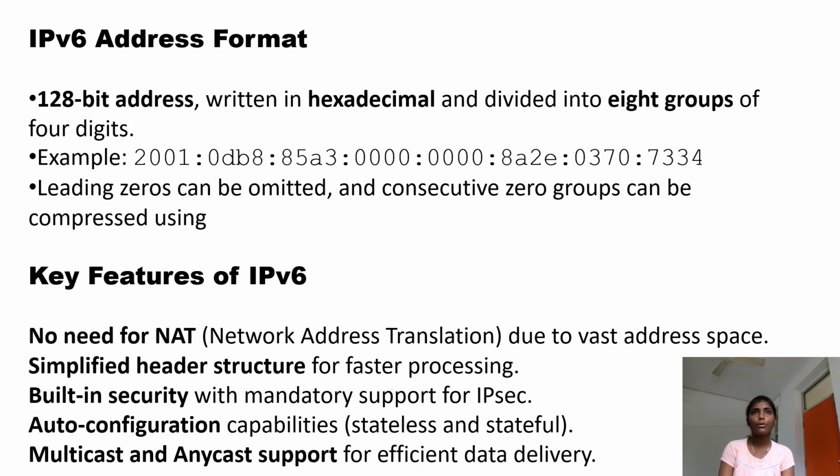Now we have seen about the IPv4 in detail. Now we shall discuss about IPv6 and about their address format briefly. IPv6 address is a 128-bit address which is written in hexadecimal and divided into 8 groups of 4 digits. Leading zeros can be omitted and consecutive zeros can be compressed using double colon.